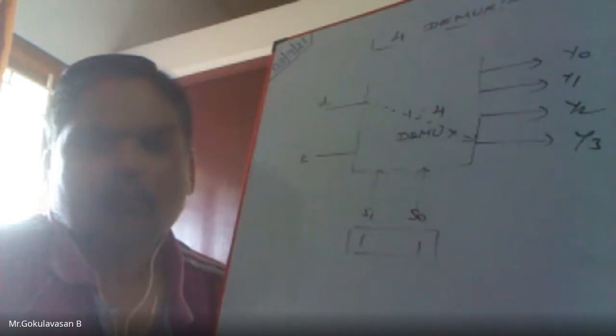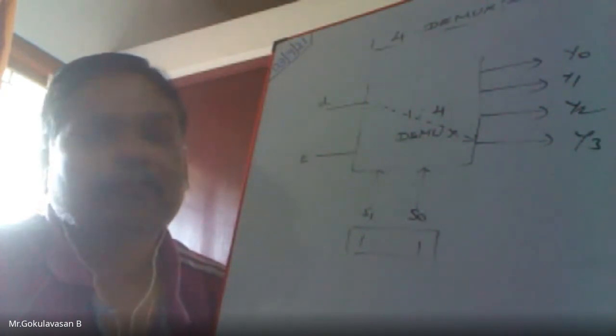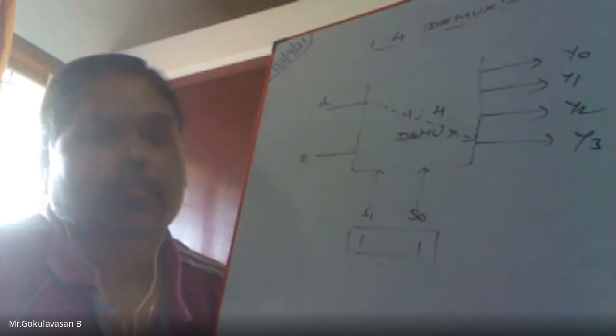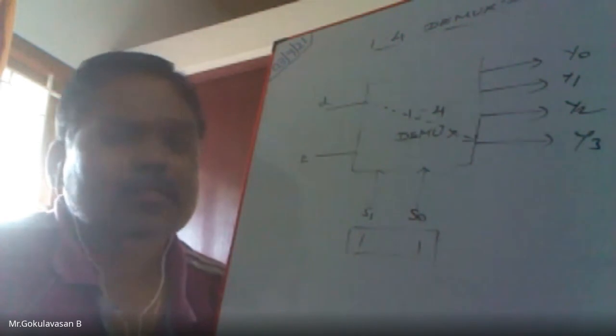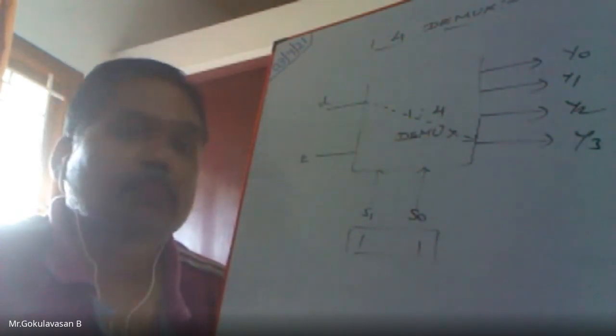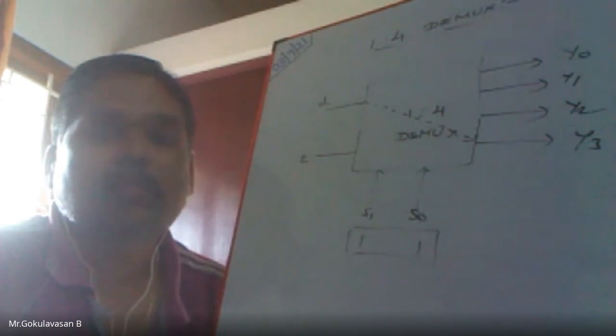As time is up now, we will stop here. And next class, we will be seeing the next experiment, parity. Okay. So a small task I want to give to you. That is, you Google it and find what is the significance of having a parity bit.